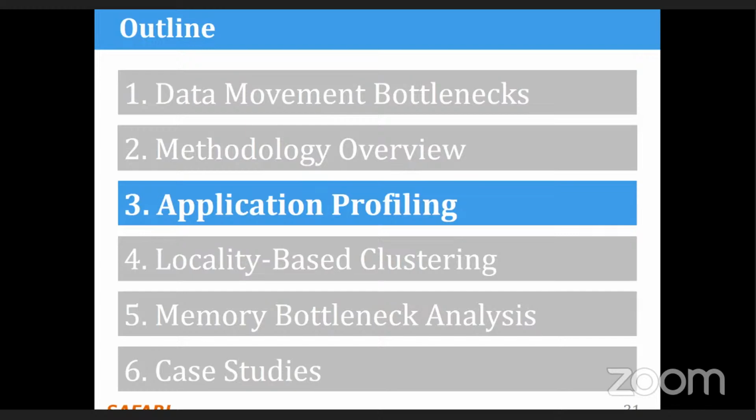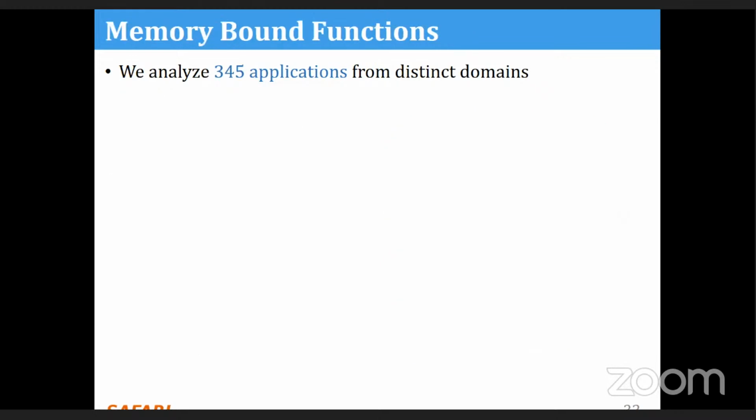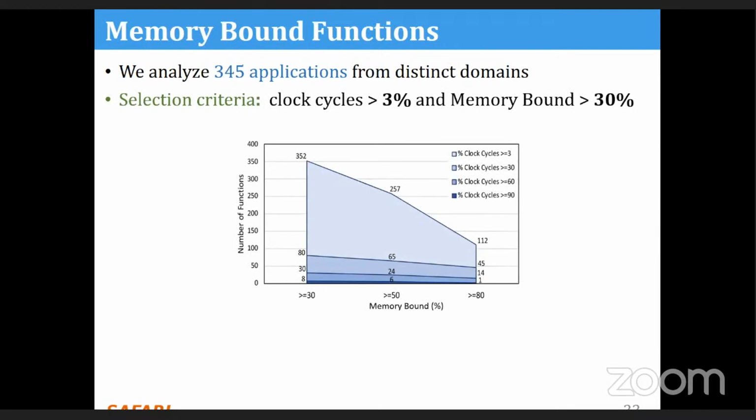The next 3 sections of the presentation are about step 1, step 2, and step 3. But now you're going to see some results of the analysis. In step 1, as I said in the beginning, we analyzed 345 applications from different domains, and we selected some of the functions that take part in these 345 applications by using VTune. And these are the selection criteria that we use: memory bound metric being greater than 30%.